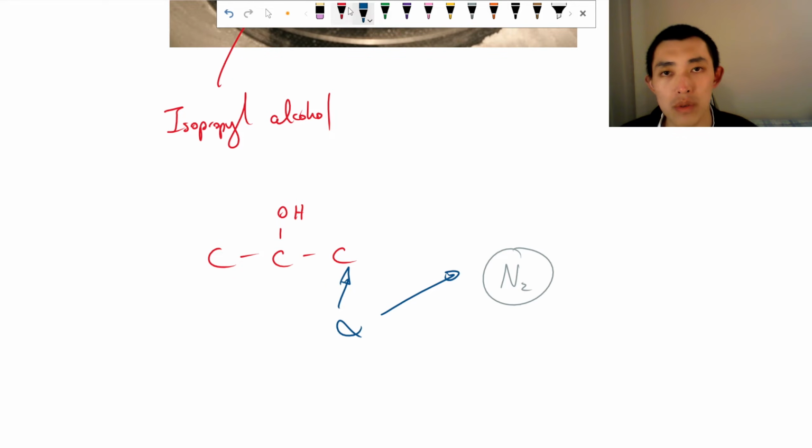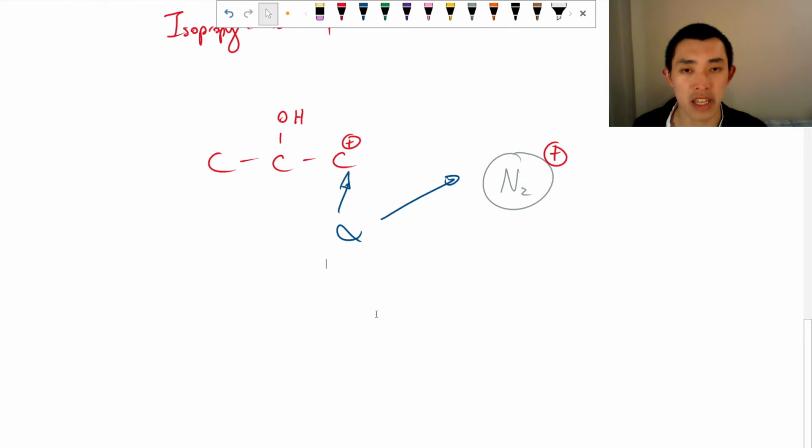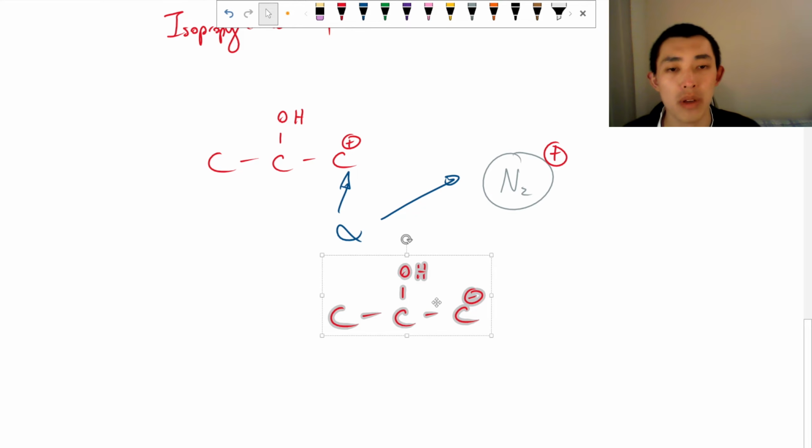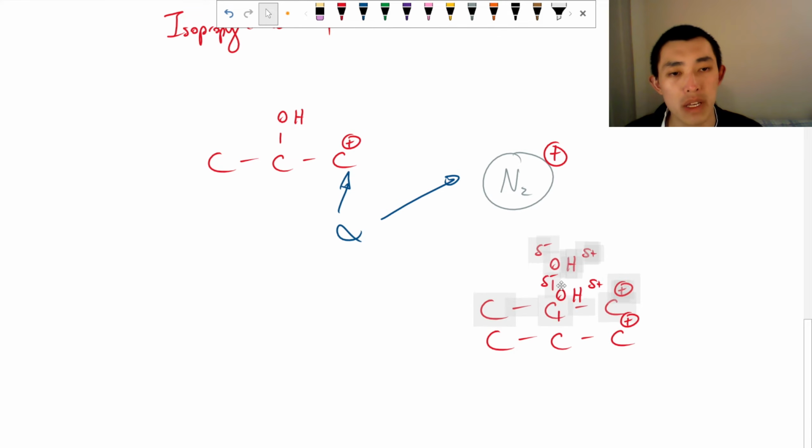And it'll cause either this to become charged or this to become charged. And because isopropyl alcohol is a polar molecule, right? Oxygen is partially negative from chemistry and hydrogen is partially positive.